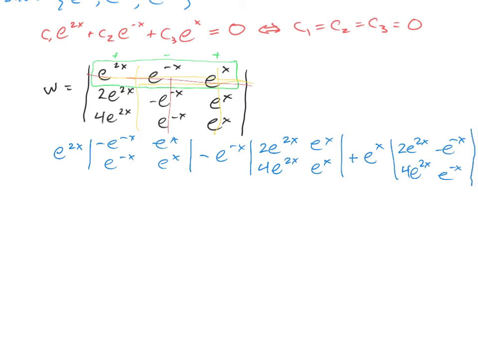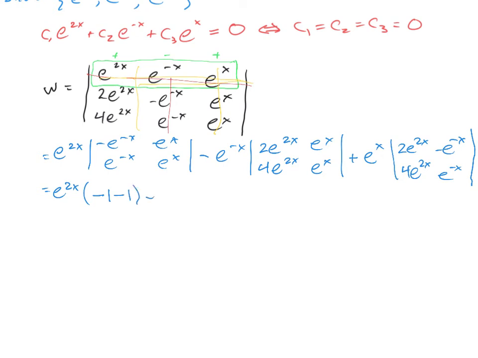And then we can calculate all of these 2 by 2 determinants and multiply. So this is going to be an e to the 2x. And remember, this is just a forward product minus a backwards product. So that's going to be negative, and then an e to the negative x times an e to the positive x. That's just 1. And then e to the negative x times e to the positive x multiplies to make 1, but it's a minus because it's the back diagonal.